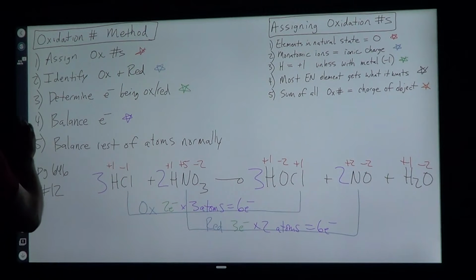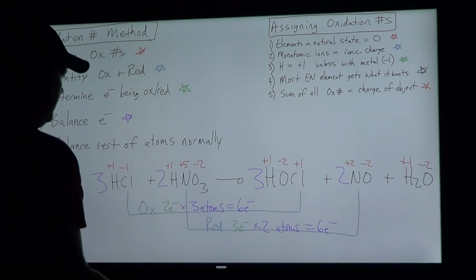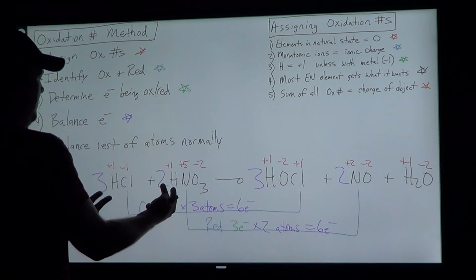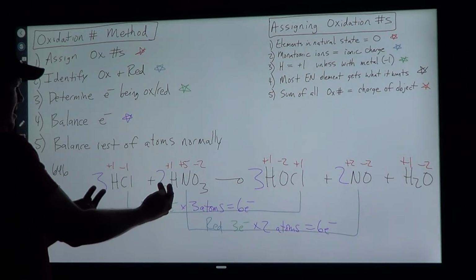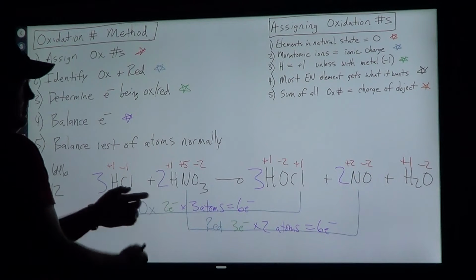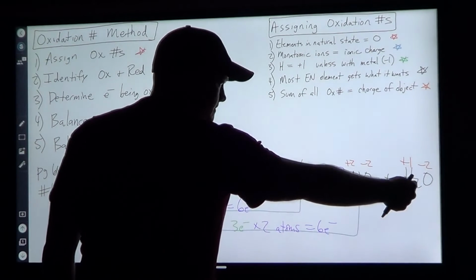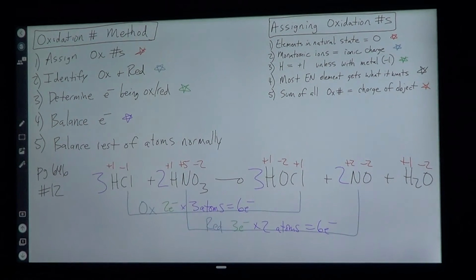And the last step is to balance everybody else. So you just got to go through and see, did we scoop up any additional waters or what's going on? So we currently have 5 hydrogens on the left. We have 3 hydrogens here and 2 more there. So we have 5 hydrogens on both sides.